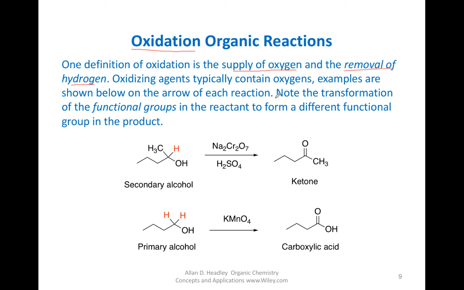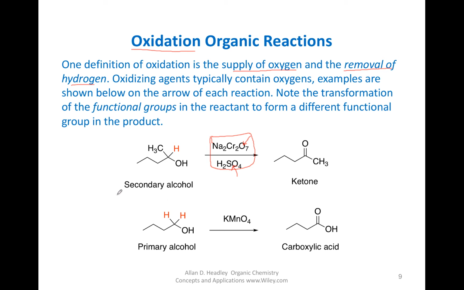So let us look at some reagents here. Sodium dichromate in sulfuric acid. You can see lots of oxygens right here in that mixture. So that's one indication that sodium dichromate is, in fact, a strong oxidizing agent, which means that it will supply oxygen or increase oxidation state and also remove hydrogen.